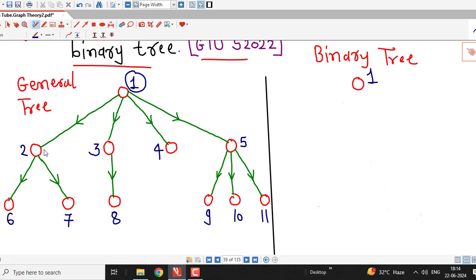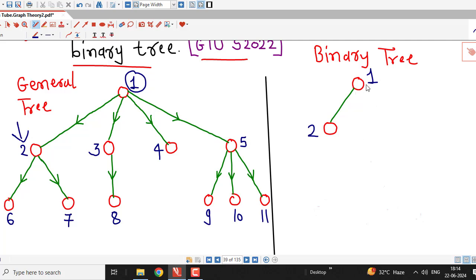There are 4 children of 1 in the general tree, which are 2, 3, 4 and 5, and 2 is the leftmost child of 1 in the general tree. Therefore here we will consider 2 as the left child of 1. So here I am writing 2.